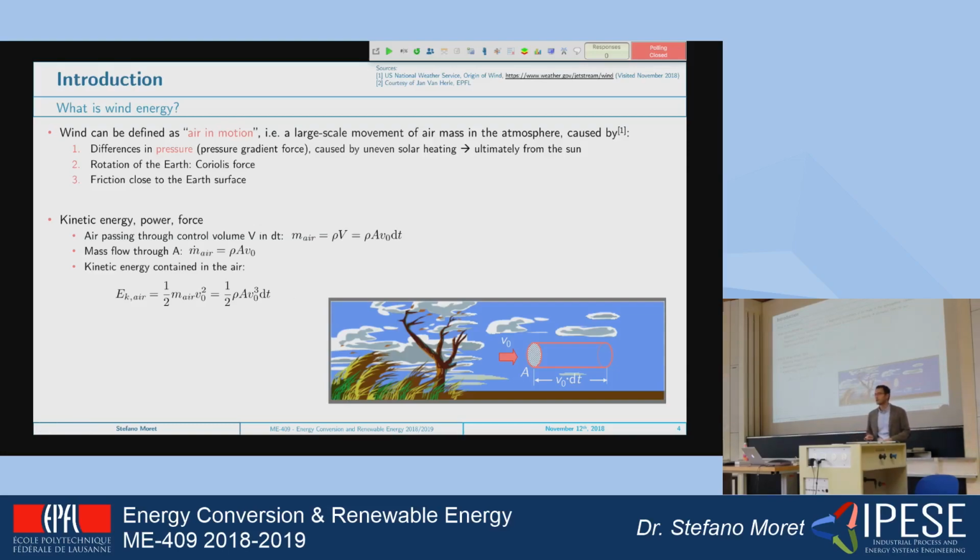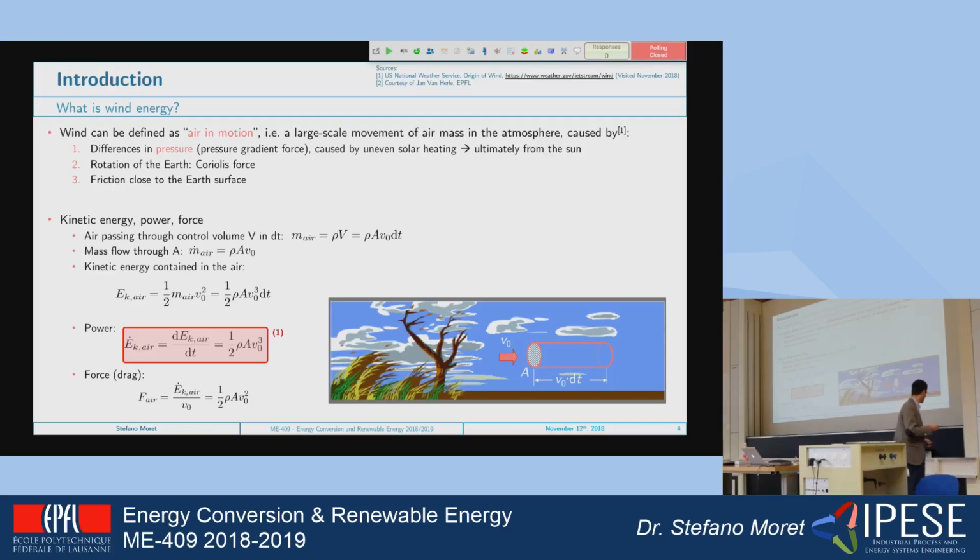Out of this we can derive the fundamental equation, which is the power contained in a given volume of wind, equal to 1/2 times the density, times the area, times the speed to the third. So this is the first key equation in this lecture, the main one about wind.